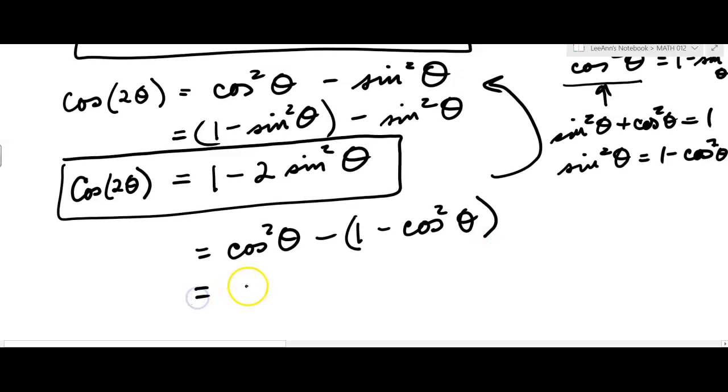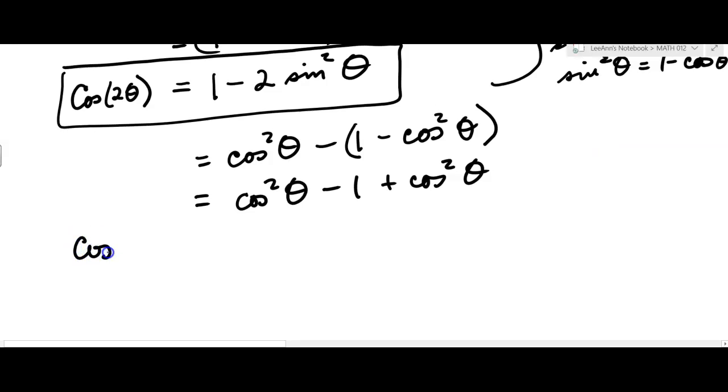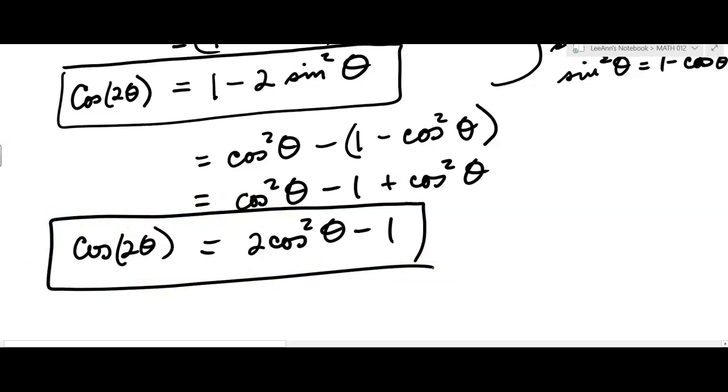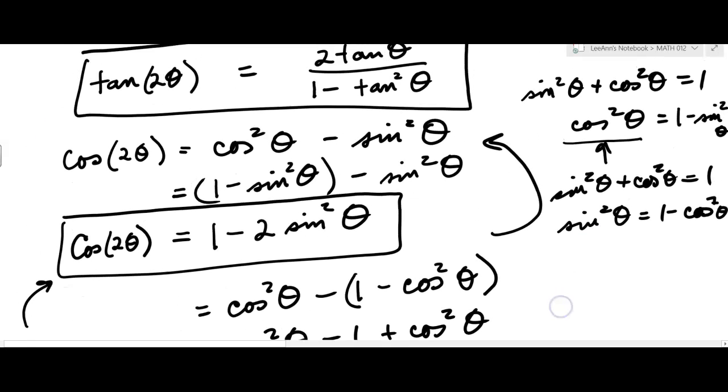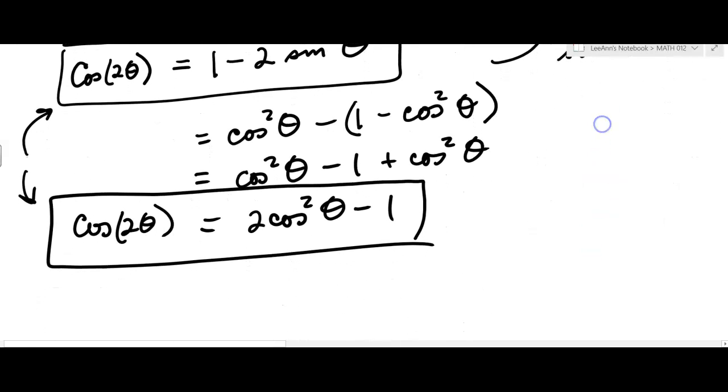And then if I do some algebra, cosine squared theta minus 1 plus cosine squared theta. And I get another alternate form that says cosine of 2 theta is equal to 2 cosine squared theta minus 1. So these alternate forms are sometimes used. So you have it in terms of sine, and here you have it just in terms of cosine. The first one had both the cosine and sine. Okay, so there's kind of like 3 of them for cosine 2 theta.